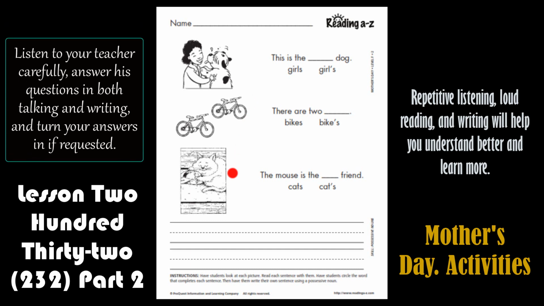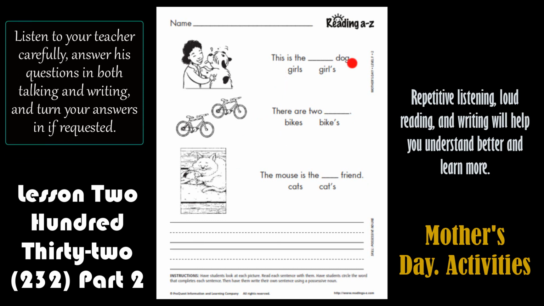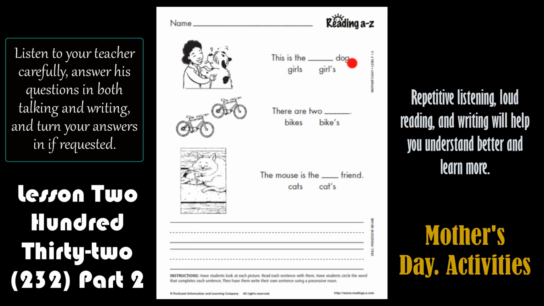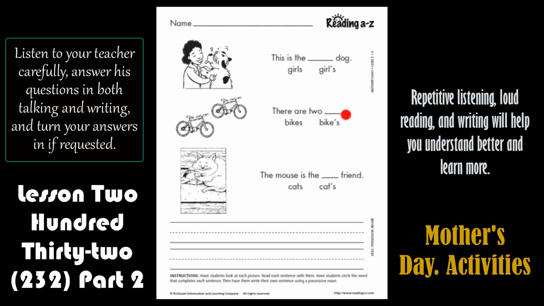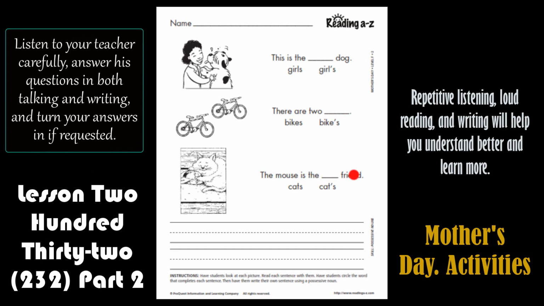And after looking at the pictures, you read the sentences in front. Let me read the sentences. This is the blank dog. There are 2 blank. The mouse is the blank friend.